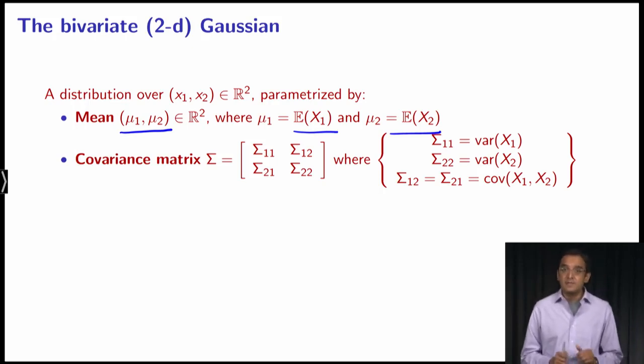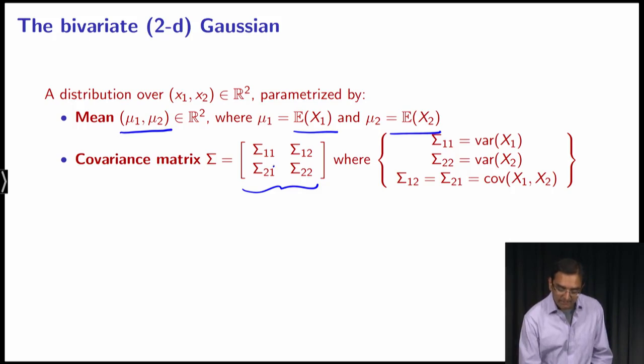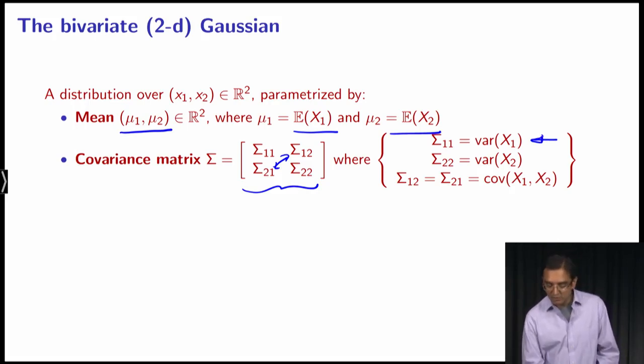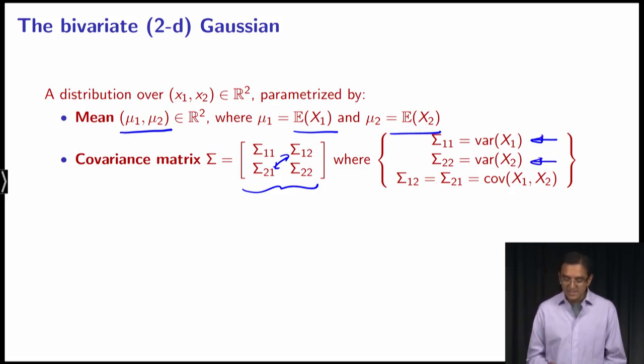The other parameters to this distribution are variance and covariance parameters. It's a 2x2 matrix that contains 4 numbers, but they're actually just 3 distinct numbers because it's a symmetric matrix in which the two off-diagonal numbers are identical to each other. Okay? So the number in the top left is the variance of x1. The number in the bottom right is the variance of x2. And the number that captures dependence, there's just one number there.